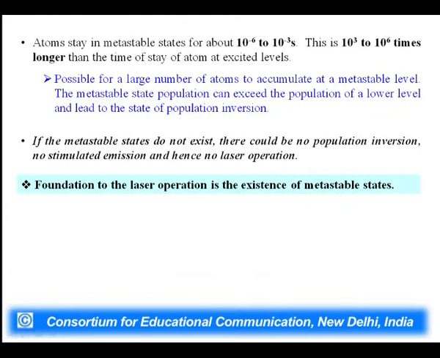The metastable state population can exceed the population of the lower level and lead to the state of population inversion. If the metastable state does not exist, there could be no population inversion, no stimulated emission, hence no laser operation takes place. Thus the foundation of laser operation is the existence of the metastable state.